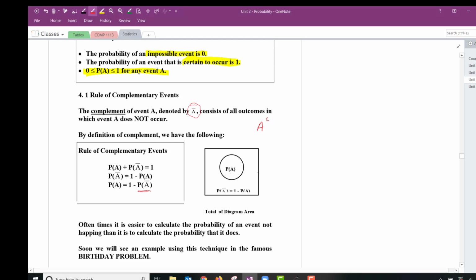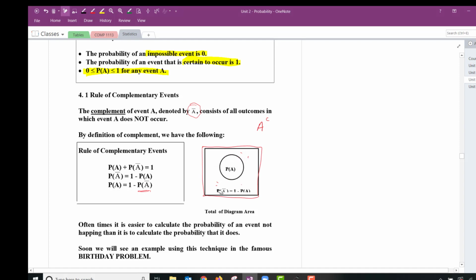There's a little Venn diagram here that didn't show up that great, where I have the whole universe having an area of 1, and then the probability of A takes up some area within that, and the complement of it is the area outside. When I take the area outside plus the area of what A was, I get a total that equals 1.